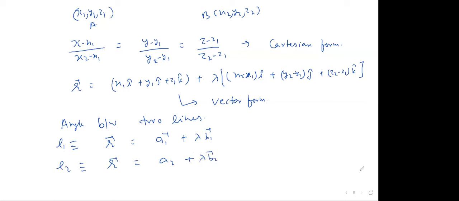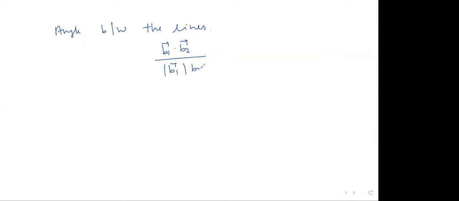Then the angle between these two lines will be b1 dot b2 divided by the product of their magnitudes.